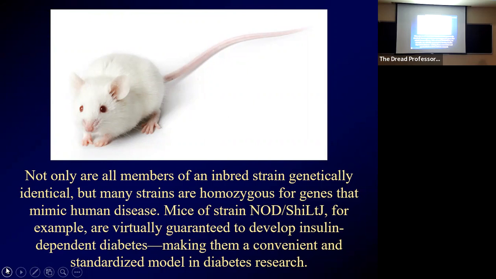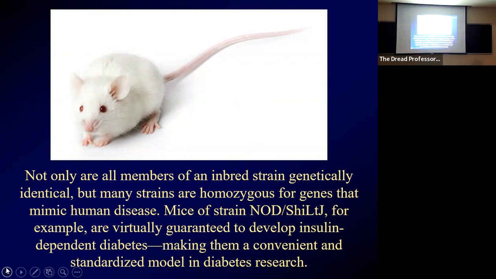Obviously, this is not very good from the point of view of the mice, but it's handy for diabetes researchers because you can have this pool of experimental animals that are all virtually guaranteed to develop insulin-dependent diabetes, and then you can start testing drugs and other treatments on them.